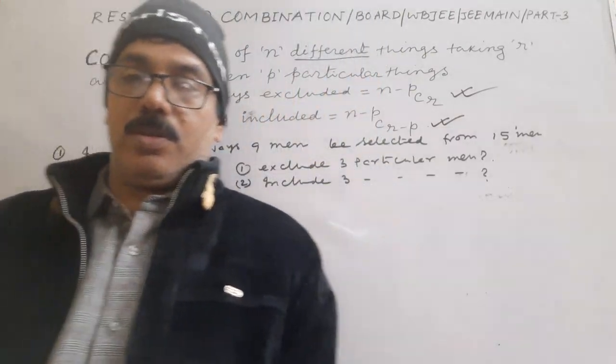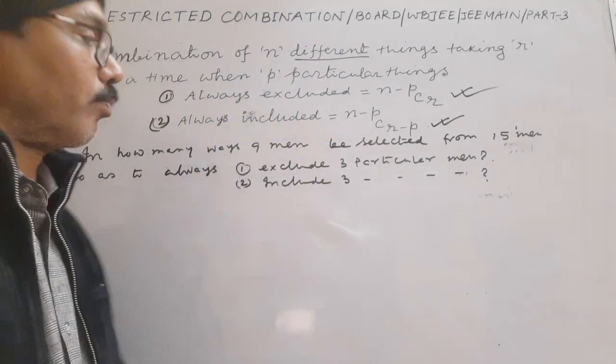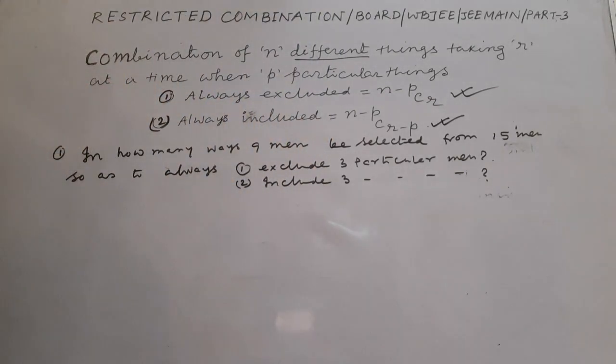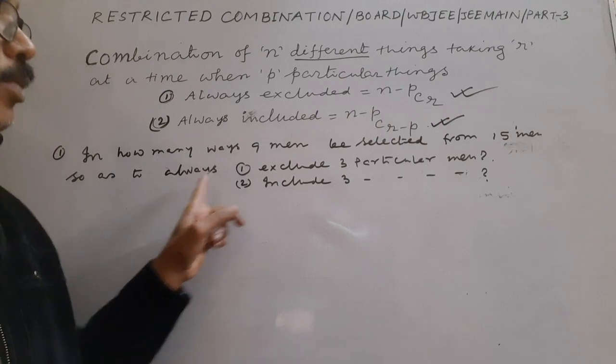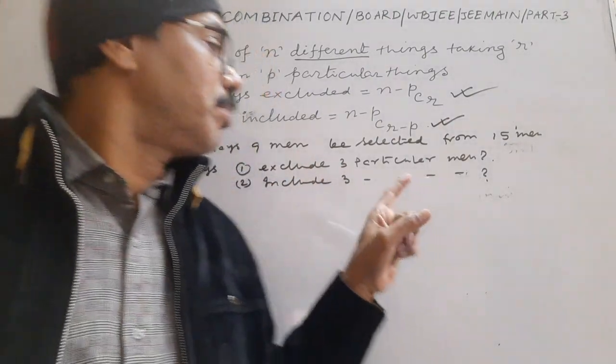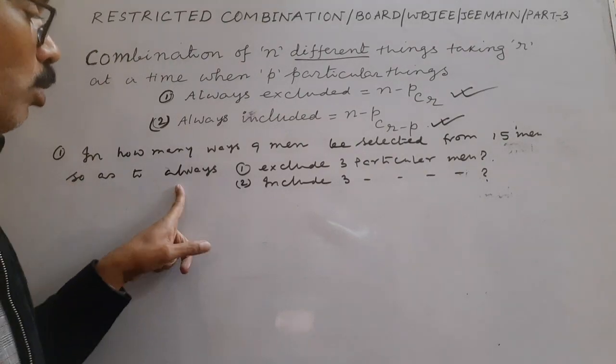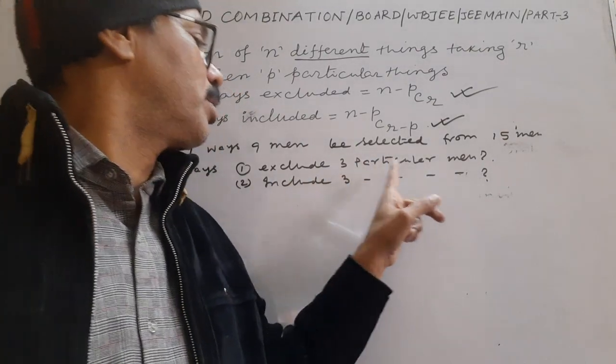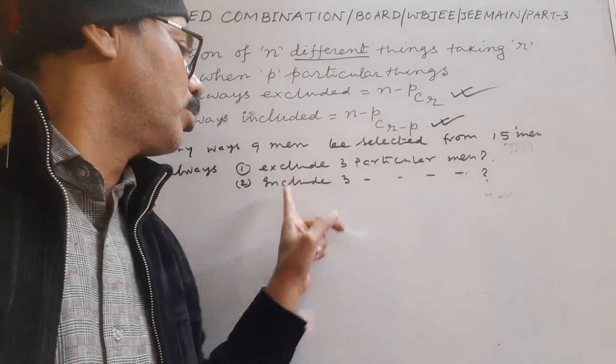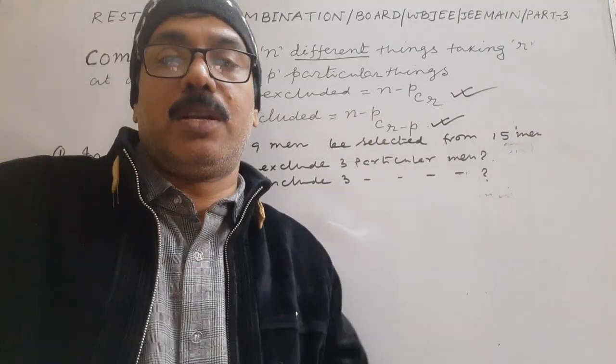Now we solve a problem using this theory. In how many ways can 9 men be selected from 15 so as to, number 1, always exclude 3 particular men? Number 2, include 3 particular men.